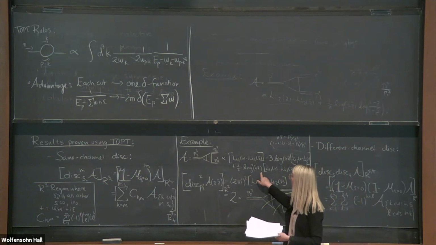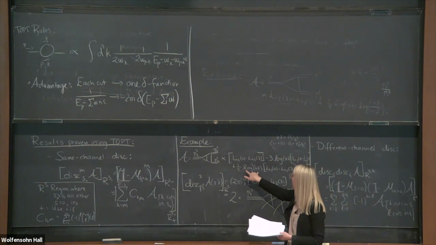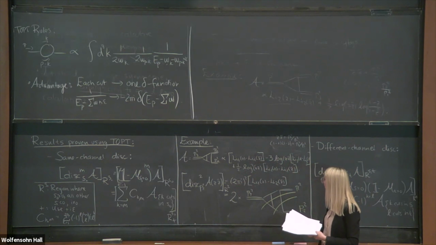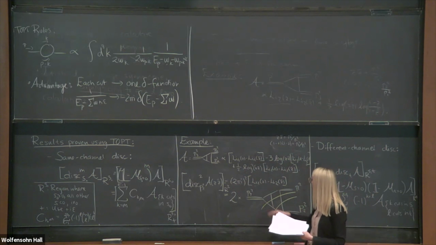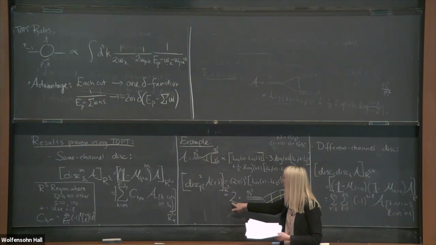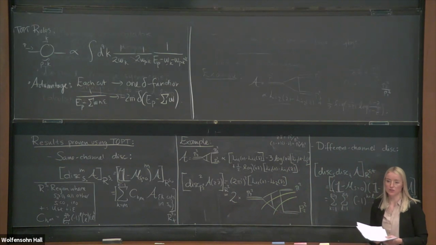And as I take two of them, actually these first two terms don't contribute, and the only term that contributes is this log squared. And the result is that I get a 2 pi i squared times the function in here. And we can compute that this is equal to 2 times the doubly cut diagram in the P2 squared channel.